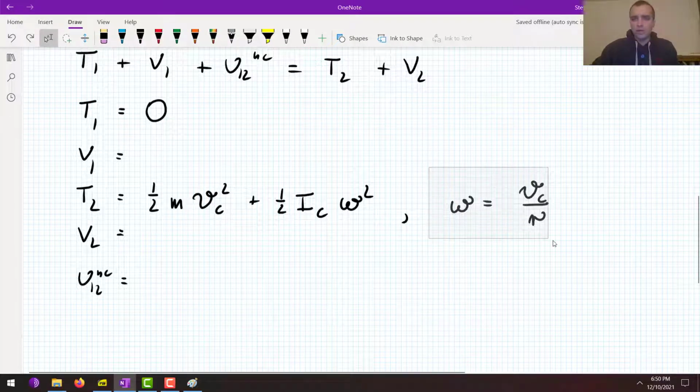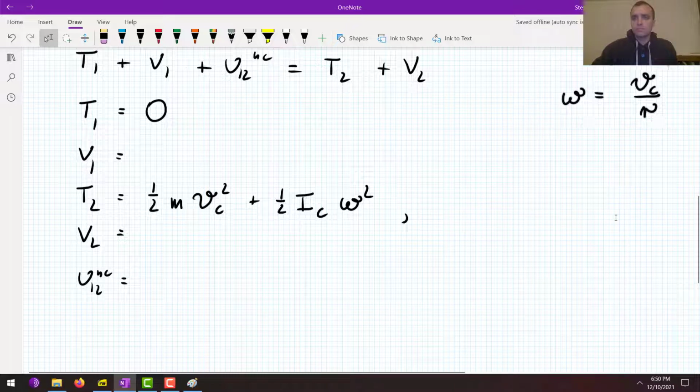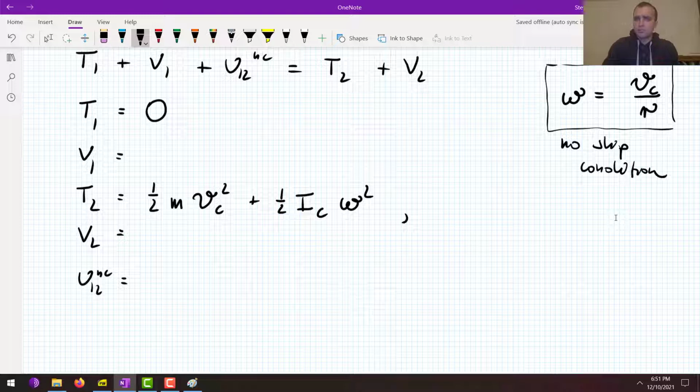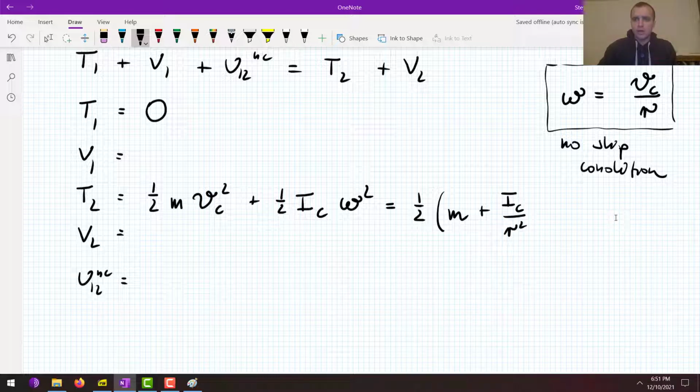I will just move it somewhere else. And we can write here 1/2 (m plus Ic over r squared) vc squared.